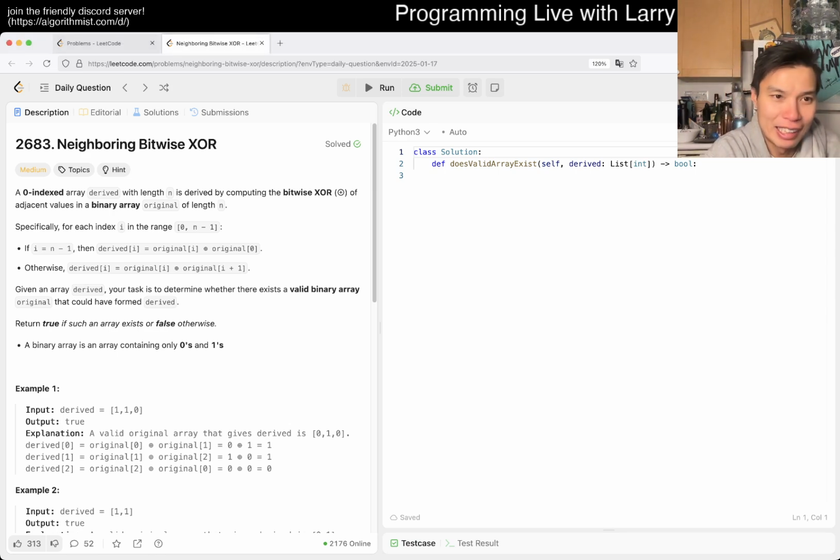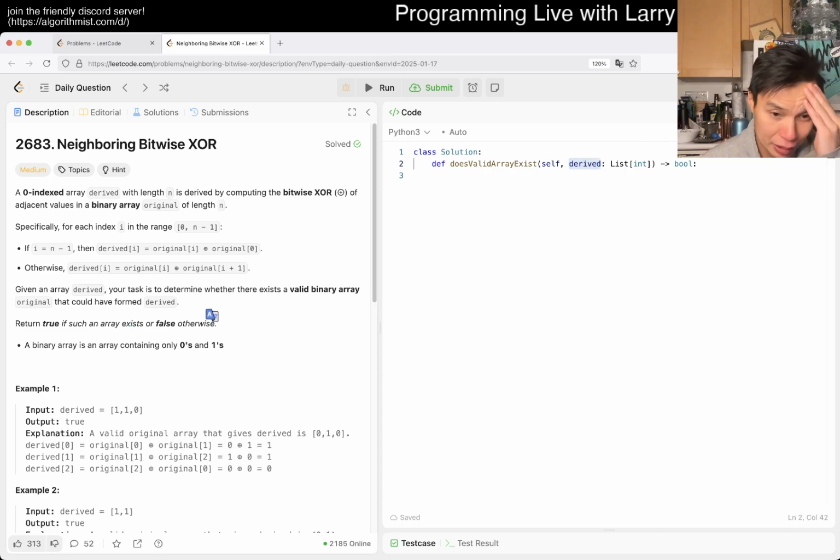Today we have 2683, Neighboring Bitwise XOR. Okay, so there's an array of length n, formed by computing the bitwise XOR of adjacent values in a binary array. For each index in the range 0 to n-1, otherwise i and i plus 1. So we're given a derived array, and return true if such an original array can exist, or false otherwise.